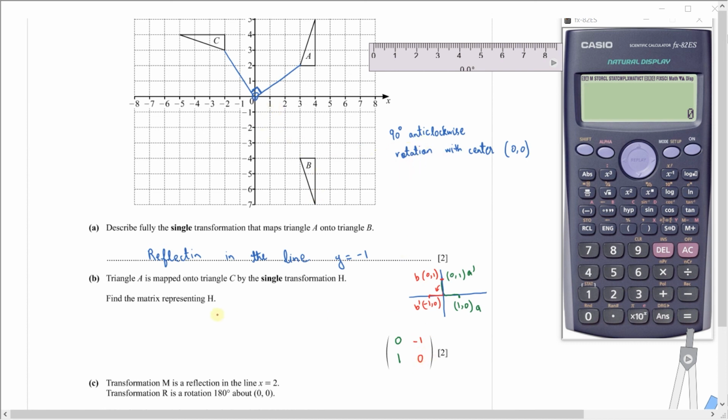So this is the first method, using observation and finding out what exactly is the transformation and then writing down its matrix. The second method is, if you cannot find through observation what type of transformation this is, you can directly use matrices as well.